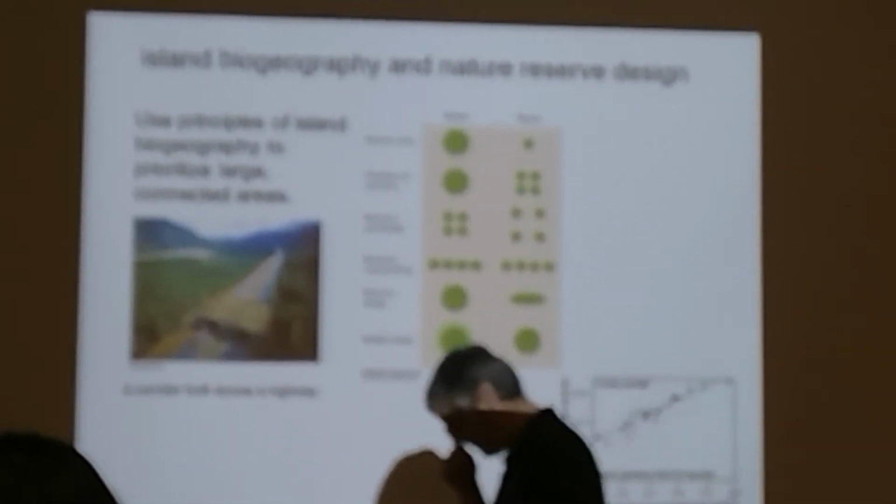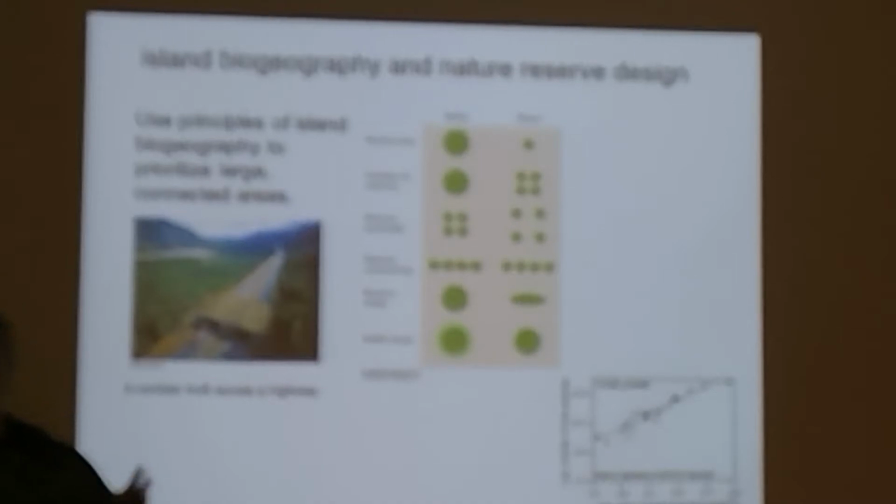And in terms of disturbance events, a 100-acre area in general is going to be less vulnerable to catastrophic disturbance affecting all of it than a 25-acre area. So the general idea was it's better to go with one large than several small. And I'll point out that this ended up being a controversial idea that was debated for about 15 years after first proposed, because there's lots of examples where several small ended up being better.